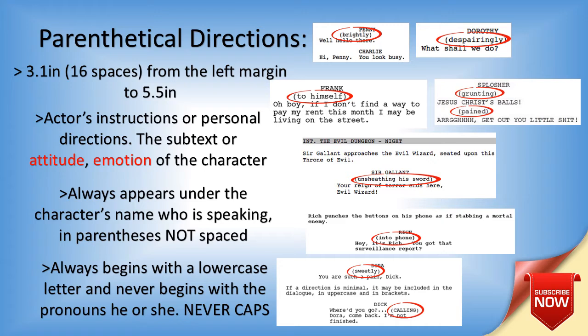Let me give you an example. So let's look at the top. Penny. She's talking. Well, hello there, right? But you mention underneath in parentheticals, brightly. Now, what does that mean? That means that Penny is going to say, well, hello there, in an upbeat mood. That's also letting the reader or the audience know that Penny, maybe she's a happy-go-lucky girl.